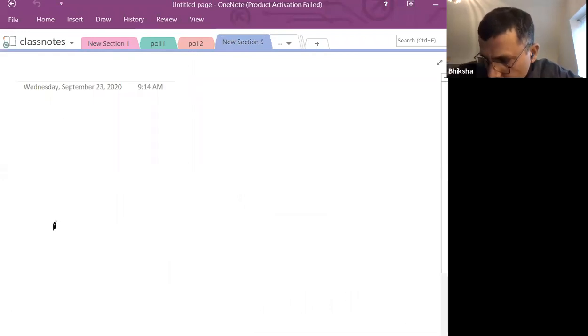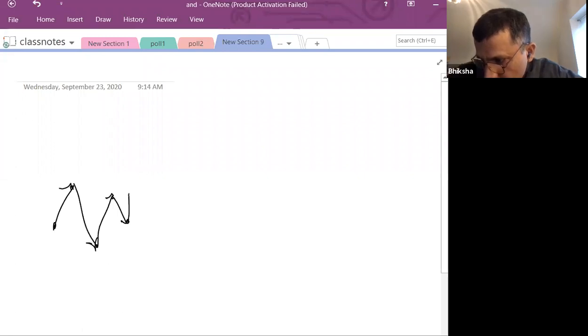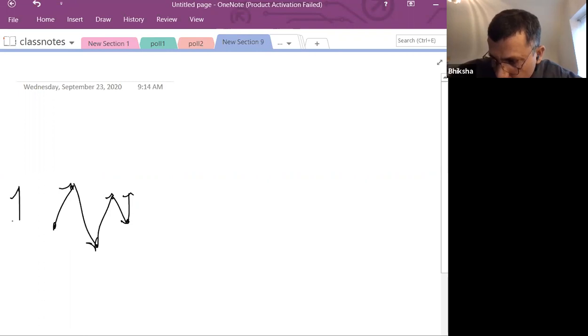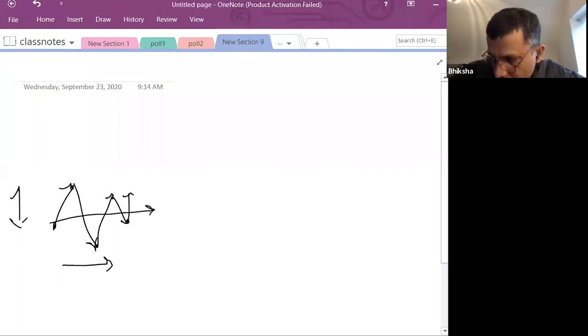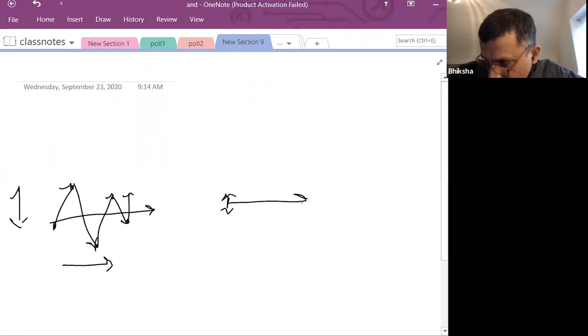So if your gradients were like so, you're getting a lot of oscillation in the up-down direction, but steady progress in the forward direction. Taking the average cancels out the up-down variation, but retains the horizontal variation. And that's what momentum was doing.